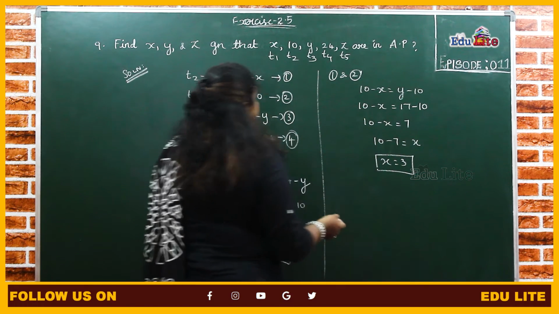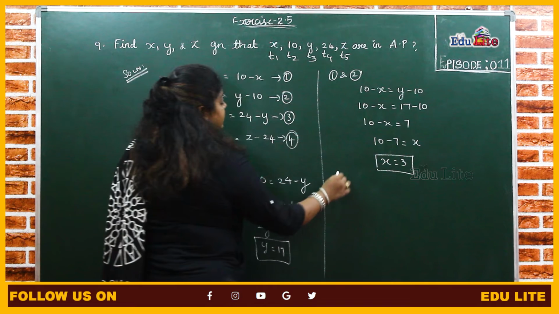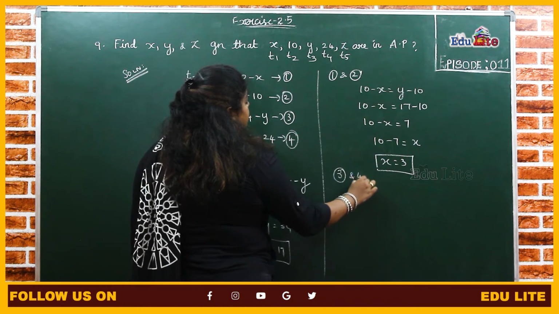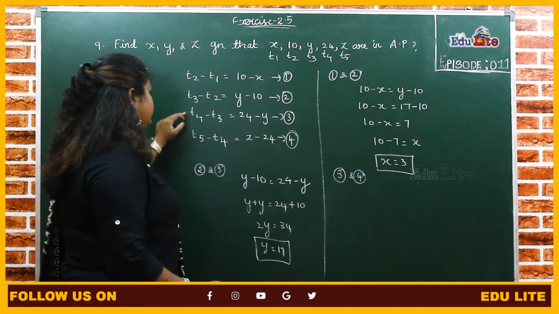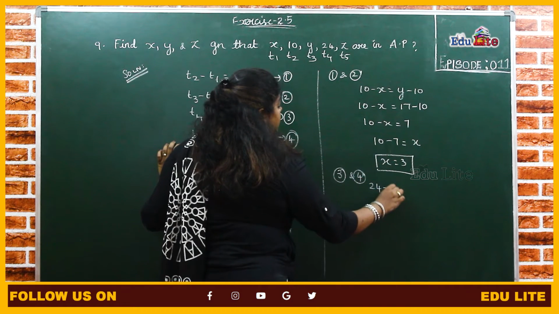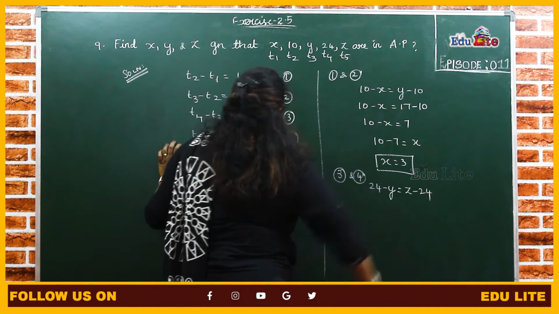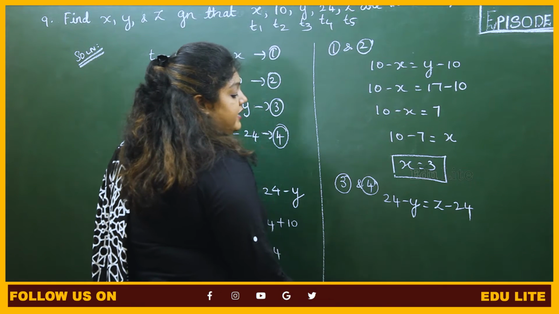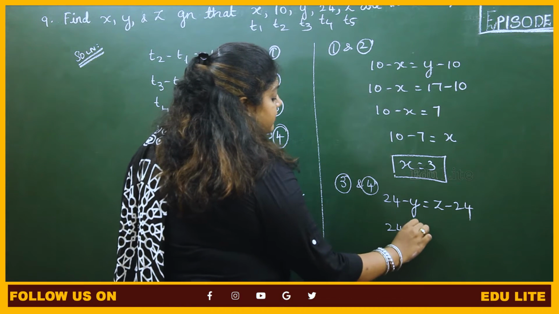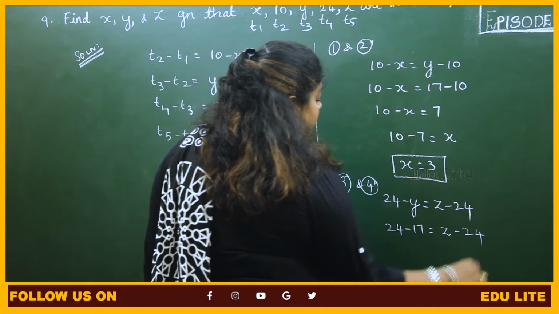Next, we can equate equations 3 and 4, and therefore we can find the value of z. In 3 and 4, the left hand sides of both equations are equal. Therefore, we directly equate the right terms. 24 minus y equals z minus 24. The value of y we already got as 17. So, 24 minus 17 equals z minus 24.